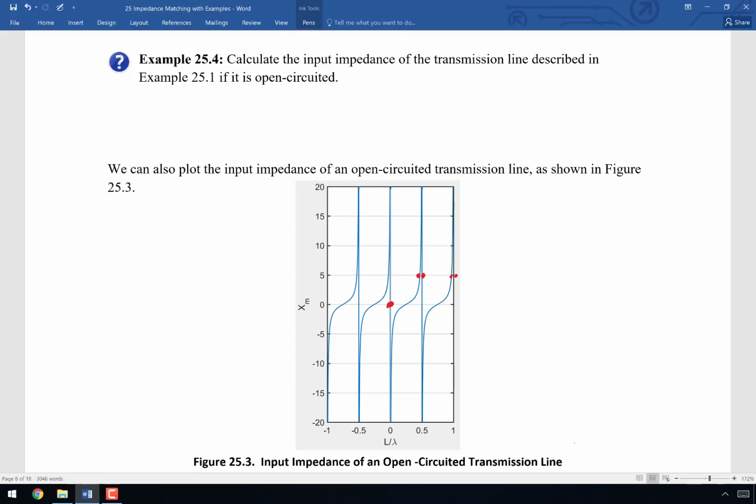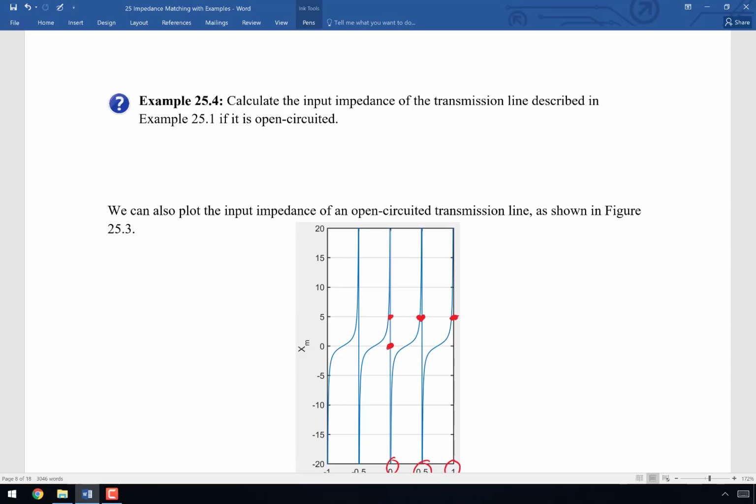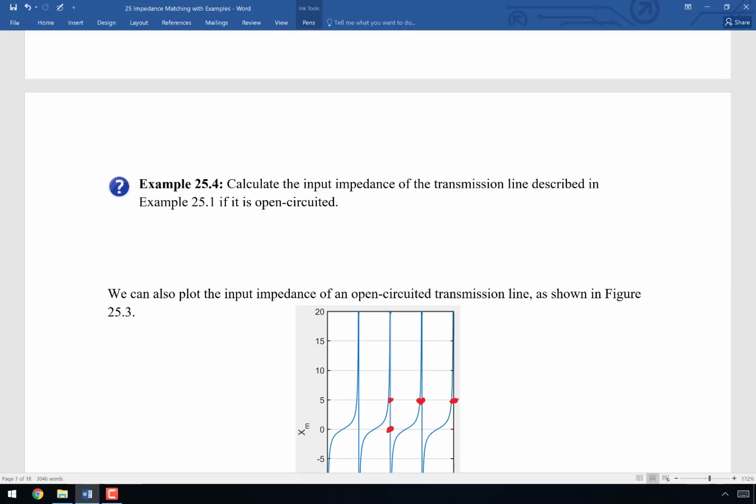Remember, we said that all lines have an input impedance that repeats every half wavelength. Well, this is demonstrating that, because at 0, at 0.5, at 1, we can see that the pattern is repeating itself every half wavelength. So both for the short-circuited and for the open-circuited, we're seeing good examples of this half wavelength repetition.